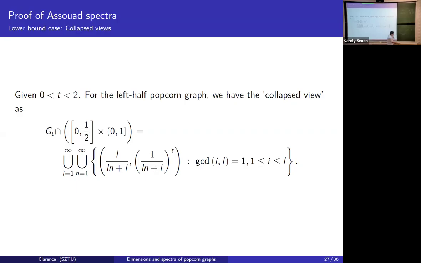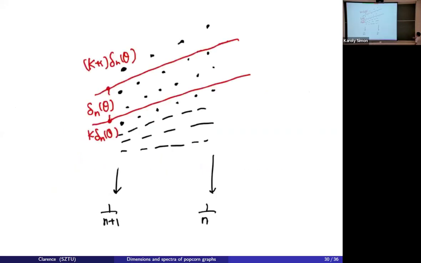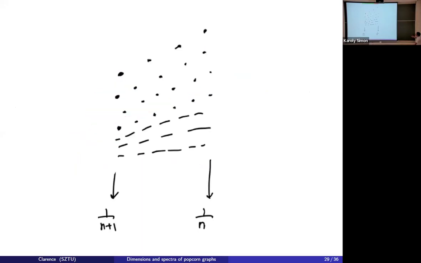Since if we take the value 3 and I from 1 and 2, taking all integers n, we can see these two values are always co-prime to each other. And under these conditions, the local part of the popcorn graph looks like this.